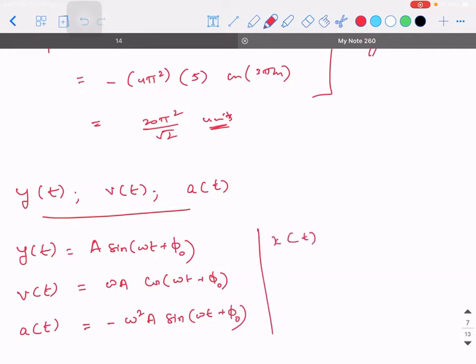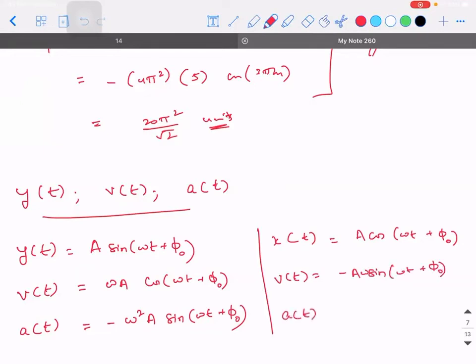Similarly, if you write the displacement in terms of x, it is a cos(ωt + φ₀). V of t is −a ω sin(ωt + φ₀).